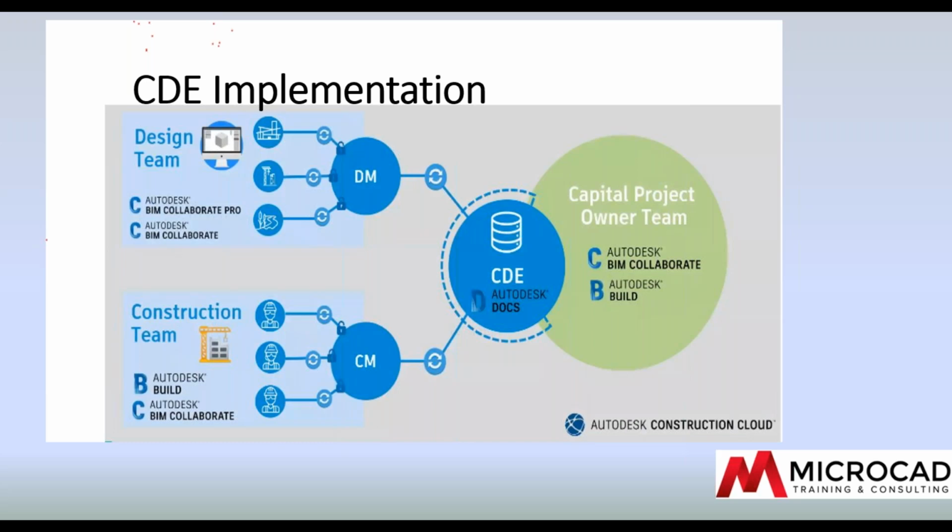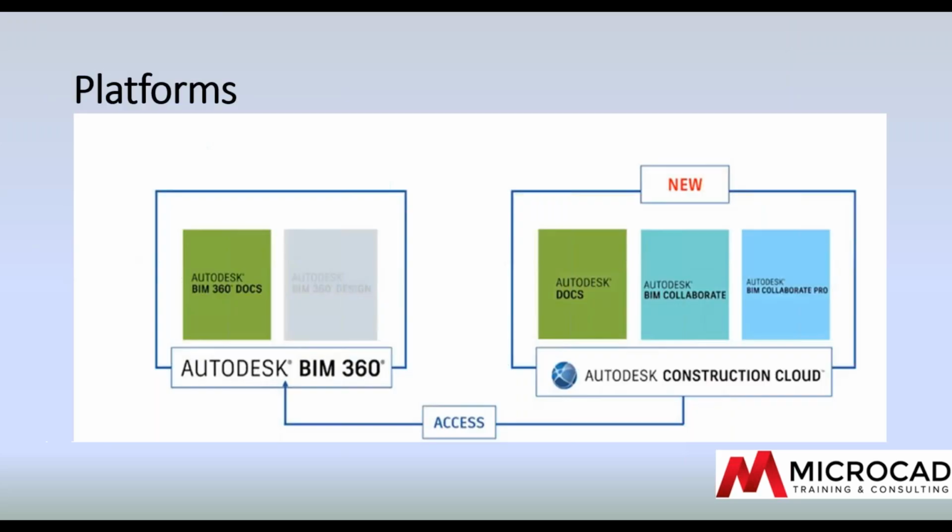Now Autodesk has connected all the members of the team on a common data environment, a unified platform. Data can be shared seamlessly from conceptual design through construction to operation of the facility as a digital twin. And all the stakeholders can access information from anywhere on any device.